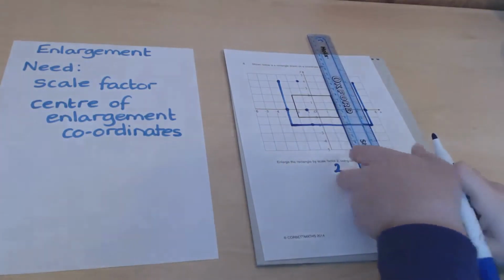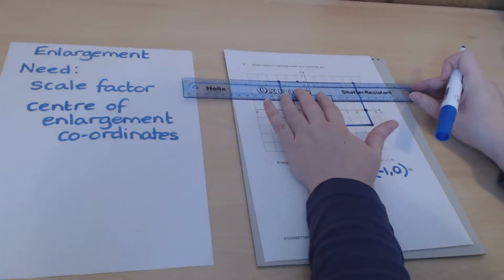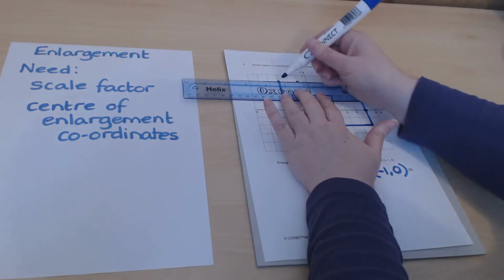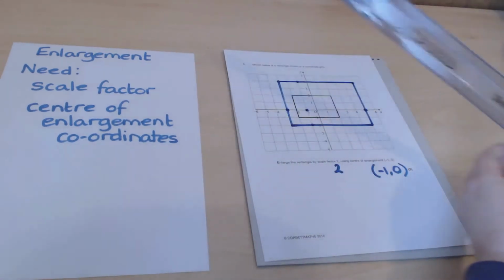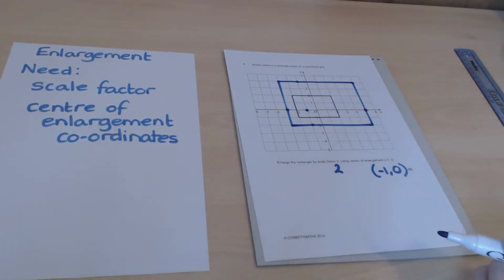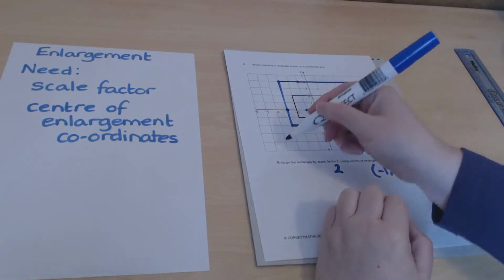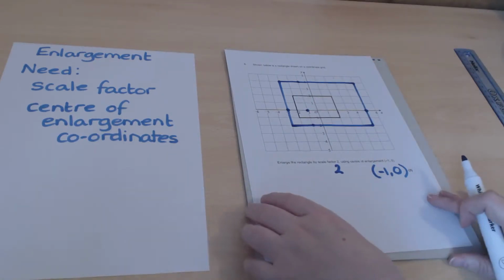So just a little bit more thought needed there because the point was inside the original shape, but still doable. So it's really important to understand, yes, the sides get twice bigger in this case, but it's also about them moving 2 times as far away from the point of origin.